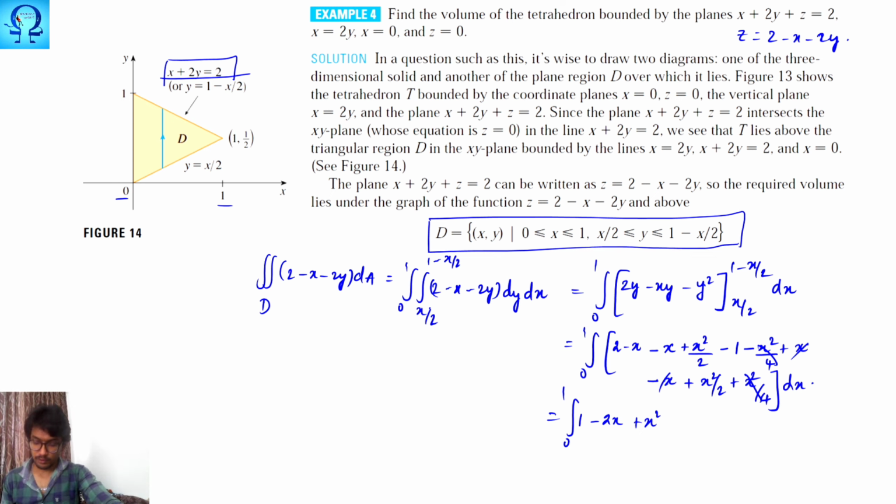So this is what you'll have to integrate with respect to x, and that gives you x minus x squared plus x cubed upon 3 over the limit 0 to 1, and when you do it, it is 1 minus 1 plus 1 upon 3 minus 0, so it is going to be 1 upon 3.